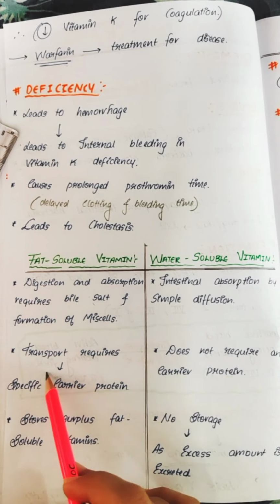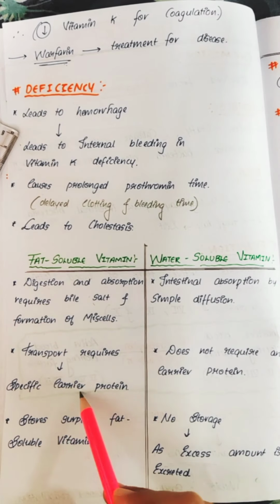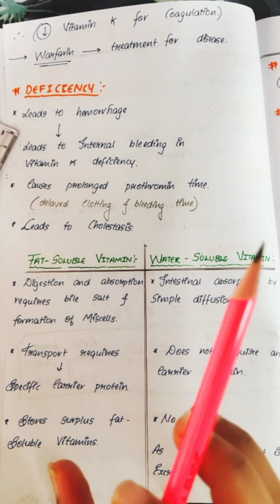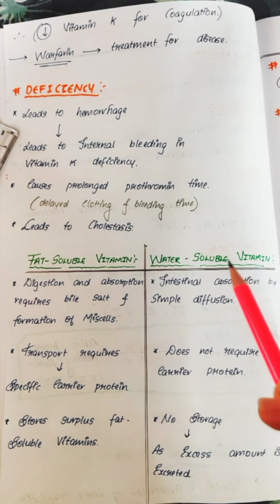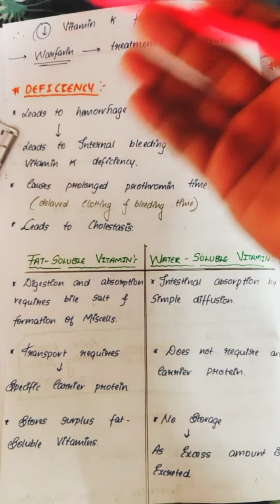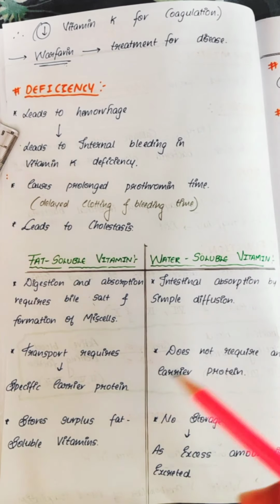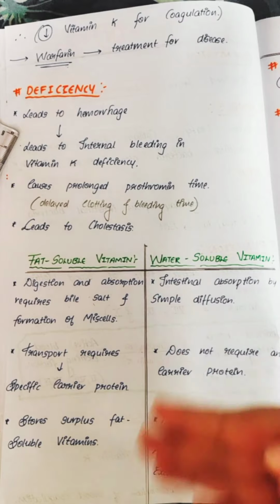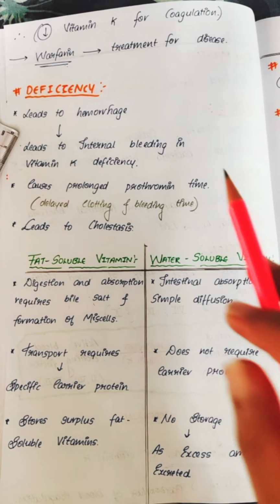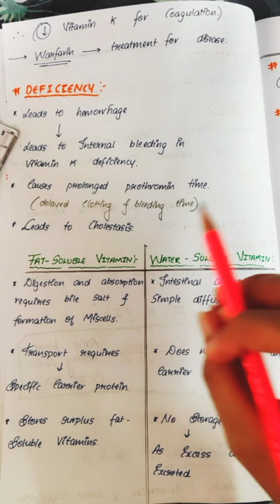In fat soluble vitamins, transportation requires a specific carrier protein, whereas water soluble vitamins can be easily transported in water and do not require any carrier protein. Fat soluble vitamins are insoluble in water, therefore they require a specific carrier protein.